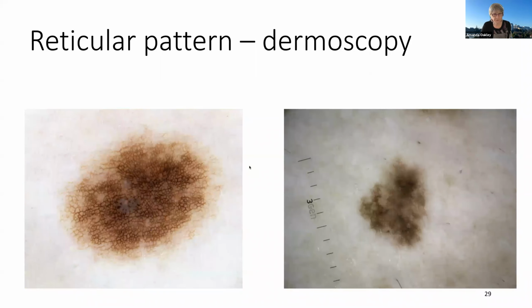The reticular pattern is a network of pigment, which can be very uniform, although fading as you go out, or less uniform and more concerning in the lesion on the right, which has disorder of structure and some grayness, thus of concern.